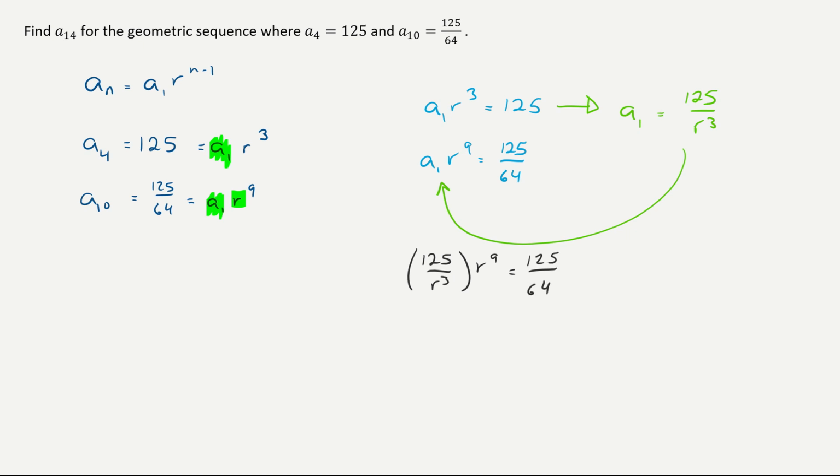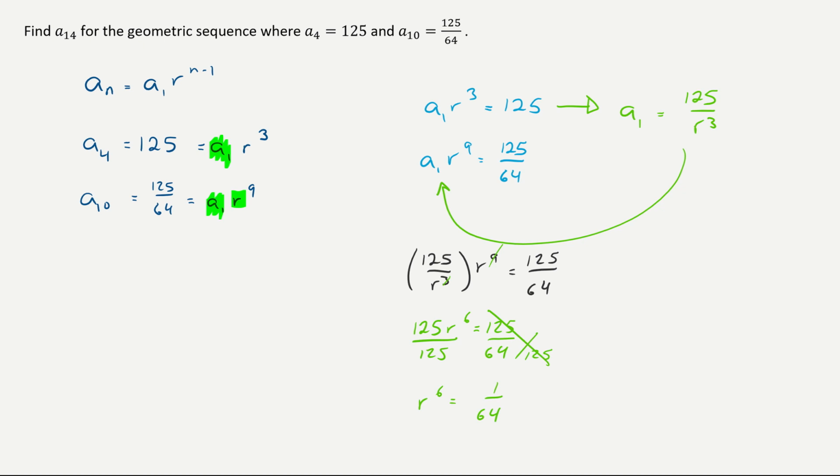Let's see if we can solve for r. Well, by laws of exponents, you subtract there, so I end up with 125 r to the 6th equals 125 over 64. I'll divide by 125, divide by 125, so those cancel, giving me r to the 6th equals 1 over 64.